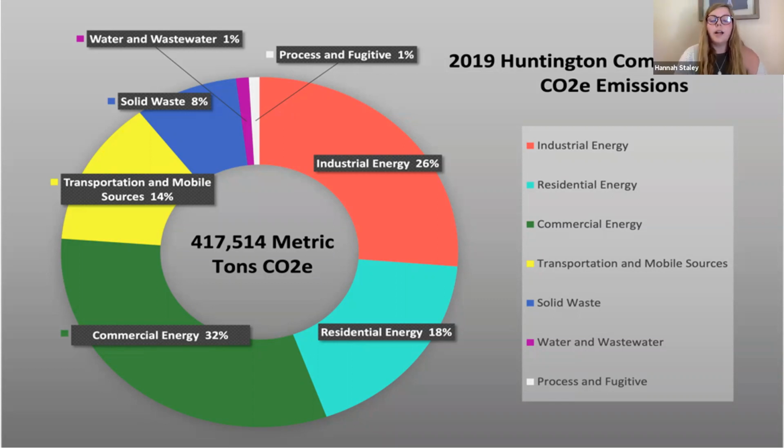And like I said, Huntington is commercial heavy, so it does make sense that commercial energy was the greatest sector for greenhouse gas emissions within Huntington. And then you have industrial energy just right below that at 26% of these emissions, and then residential energy as well. You can move on.